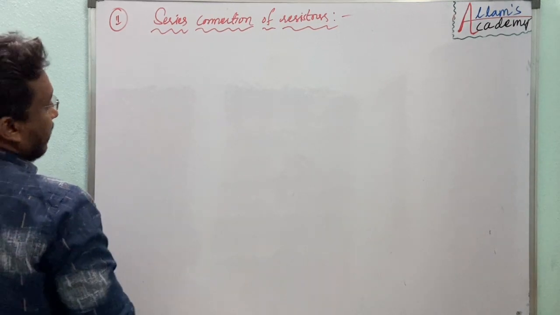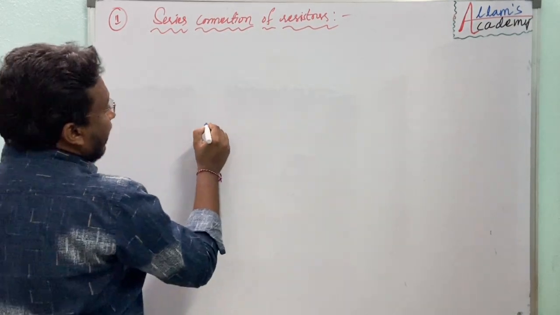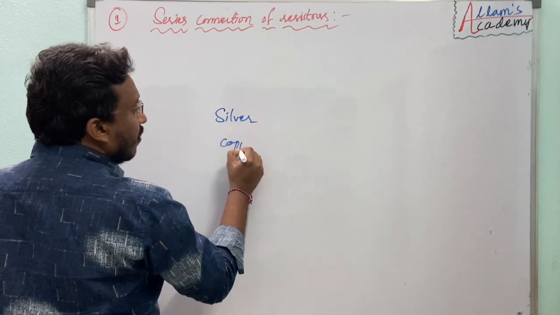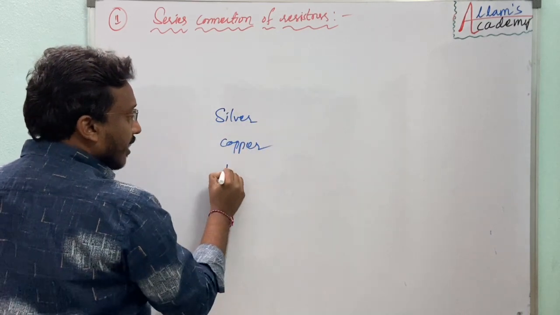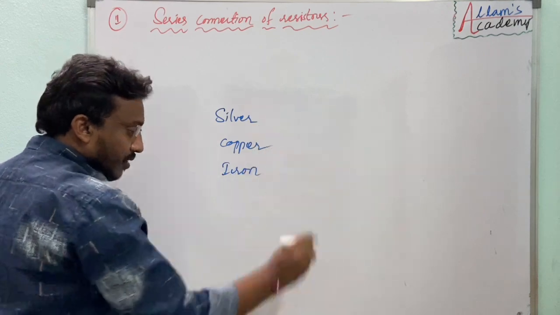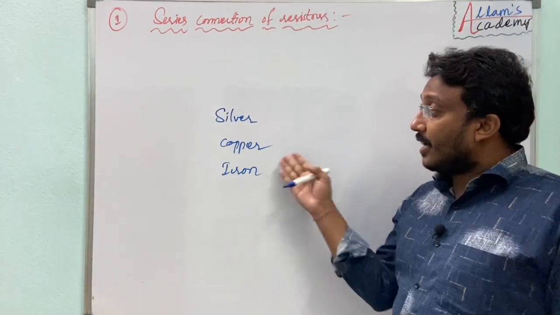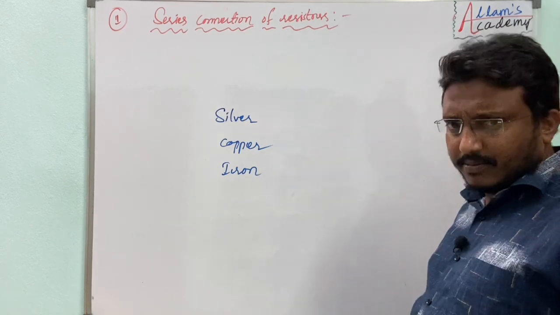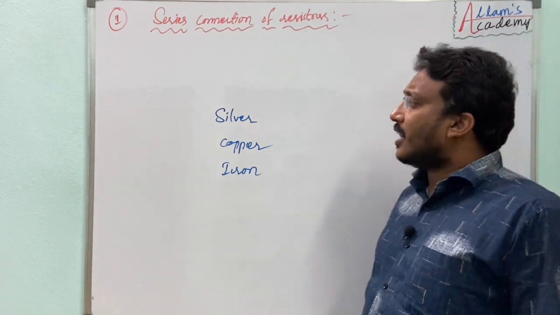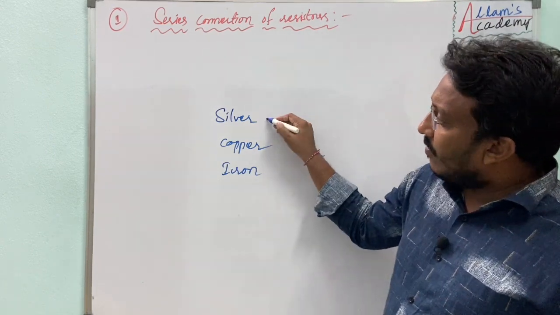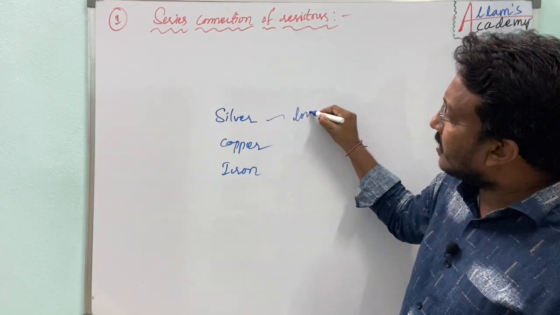Okay, we have discussed it. For example, if we take silver, copper, iron. In our last class we discussed these three different materials. The resistance of a conductor depends on the nature of the material. Out of these three, silver has low resistance.